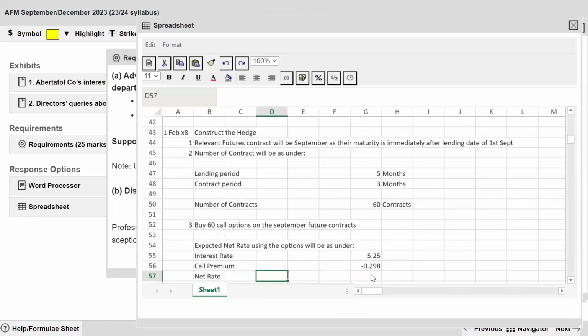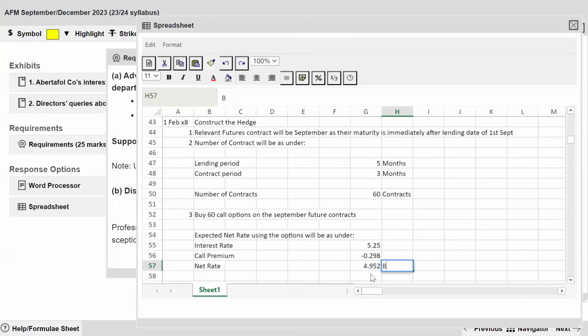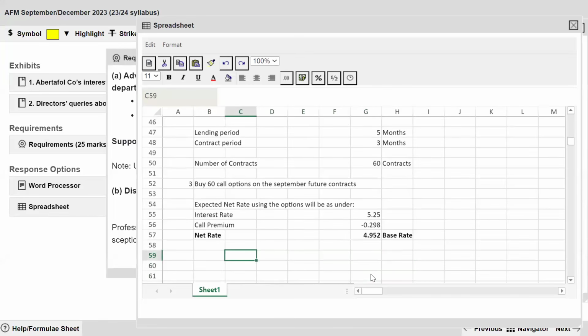The net rate is expected to be this plus this for the base rate. The investment can be made at base rate minus 30 basis points.